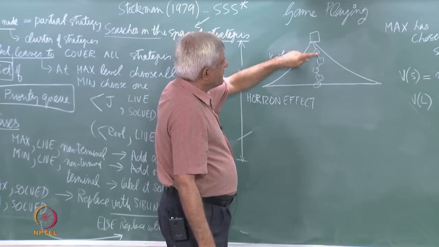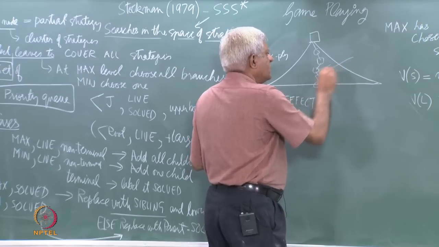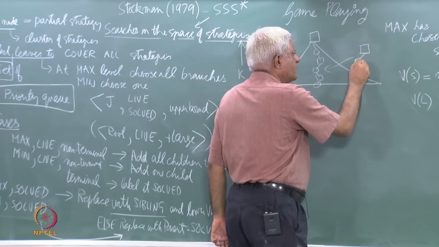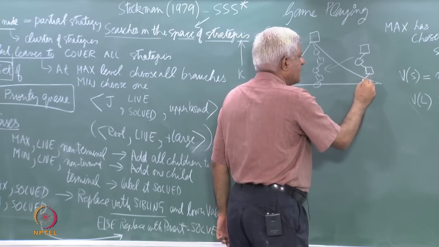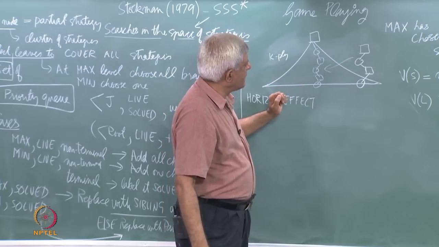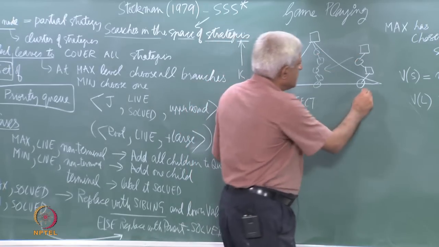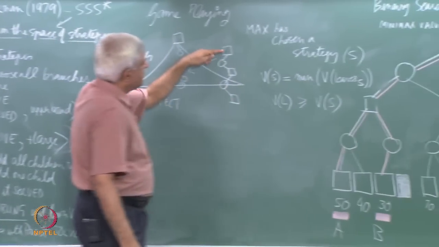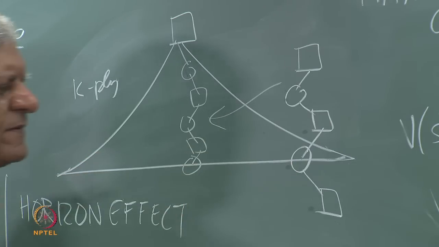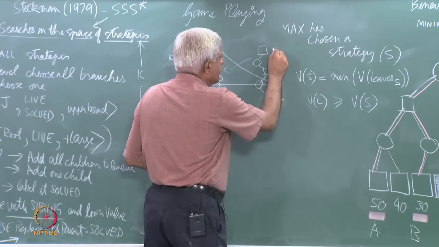So, each is a move, so max move, min move, and so on. Now, supposing in this you were to insert a set of arbitrary moves which are pointless, let us say max makes a move, min makes a move, max makes a move, and min makes a move, and let us for argument's sake say that this state is equal to this state.